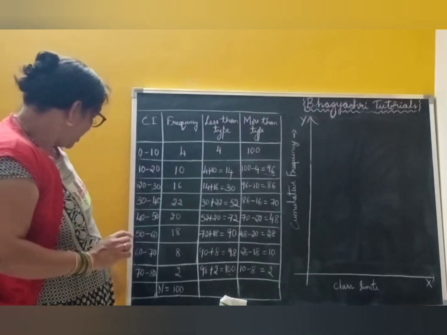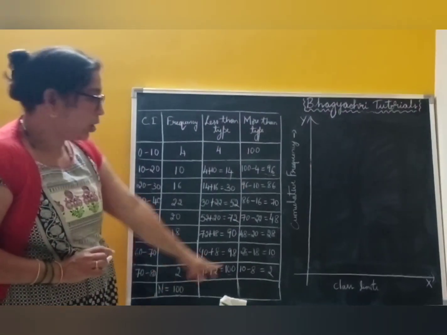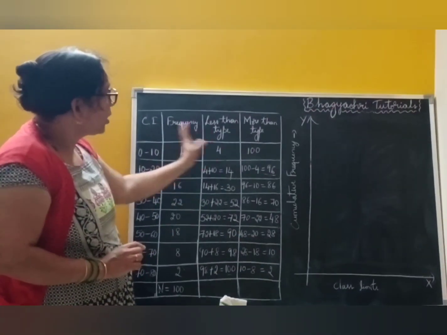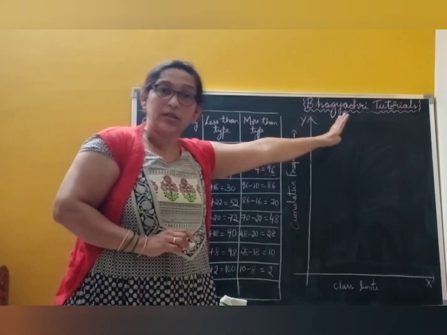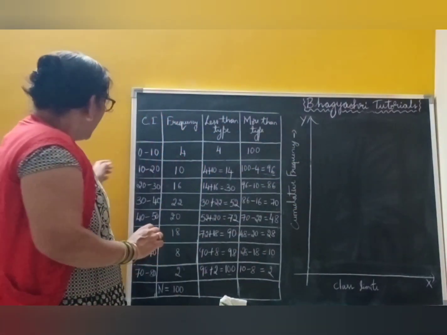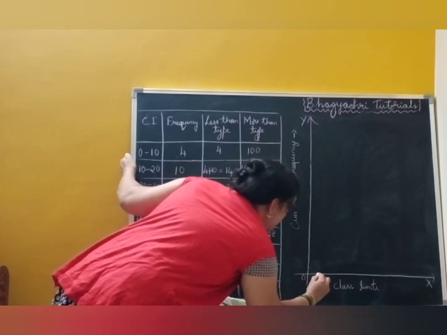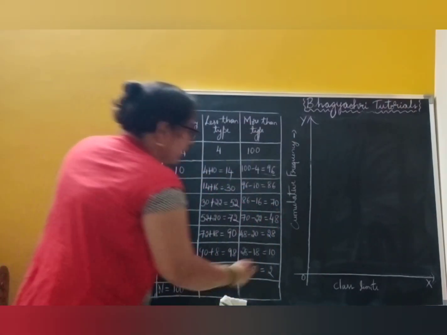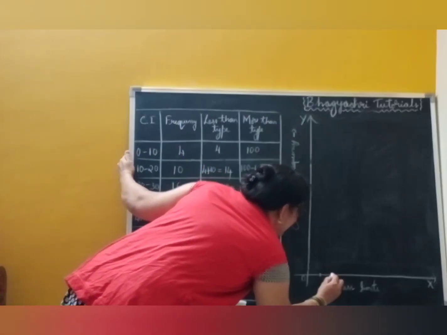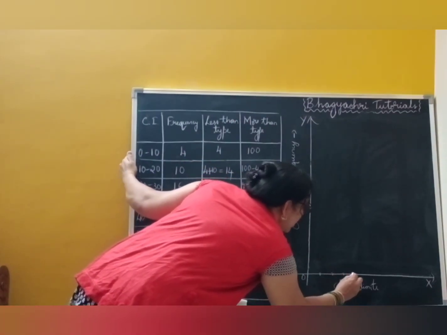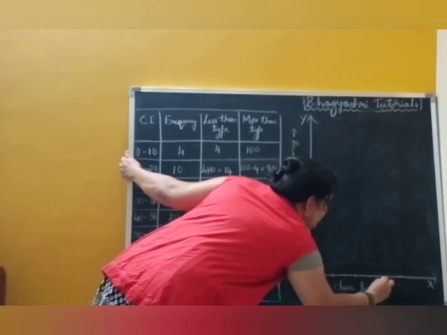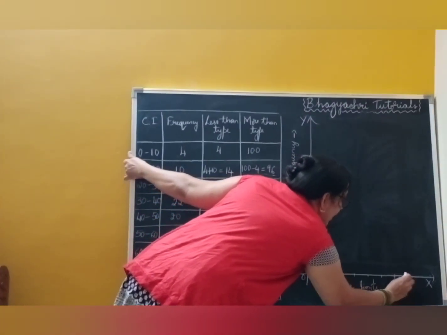Starting from 0, the end point is 80 on the x-axis because we are drawing both the types on the same graph now. So let me start from 0. Starting point is 0. I need to mark till 80. So let me take 10, 20, 30, 40, 50, 60, 70, 80.